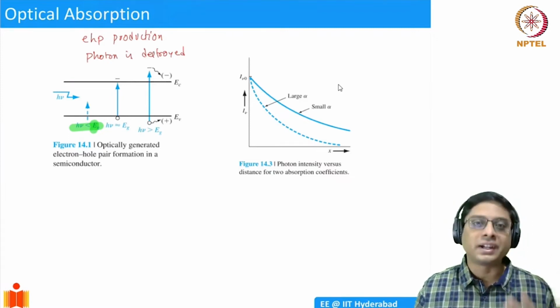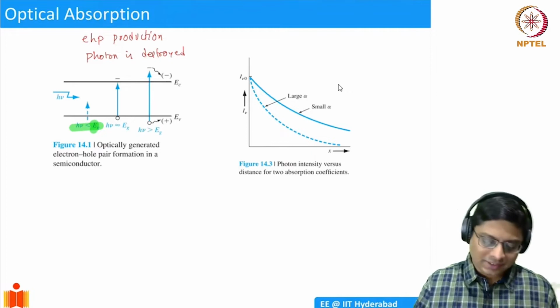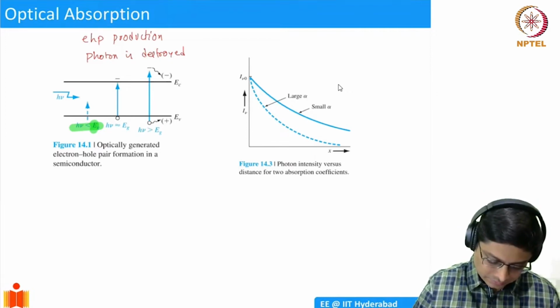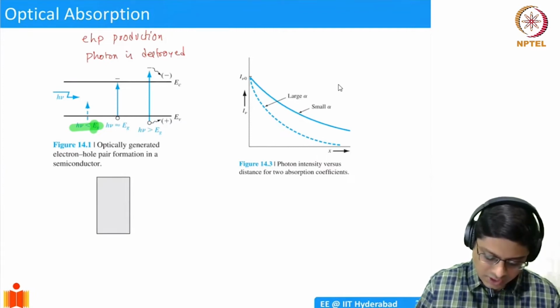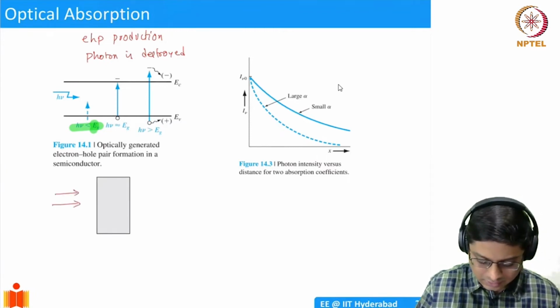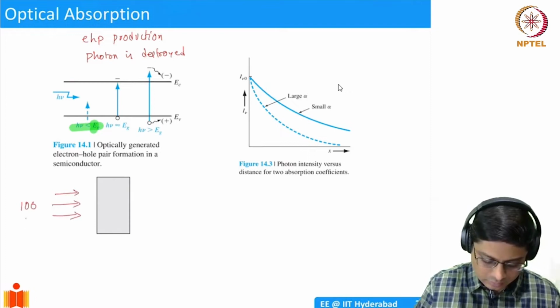So how do we quantify this? So let's say if I take a piece of semiconductor and I shine, let's say, 100 photons on that.